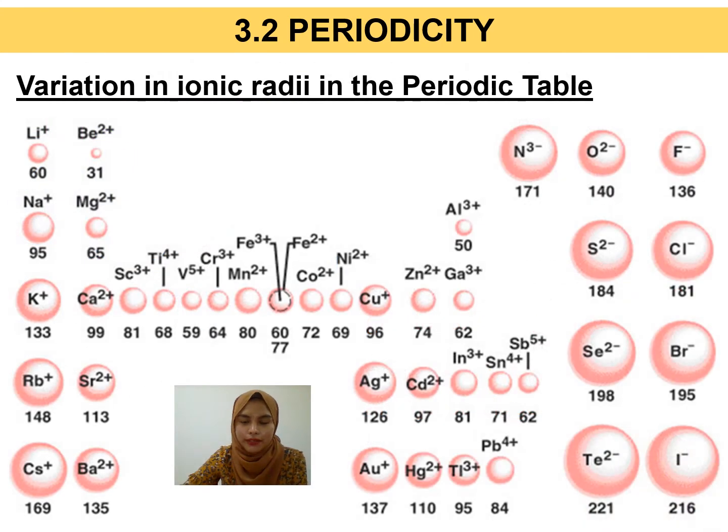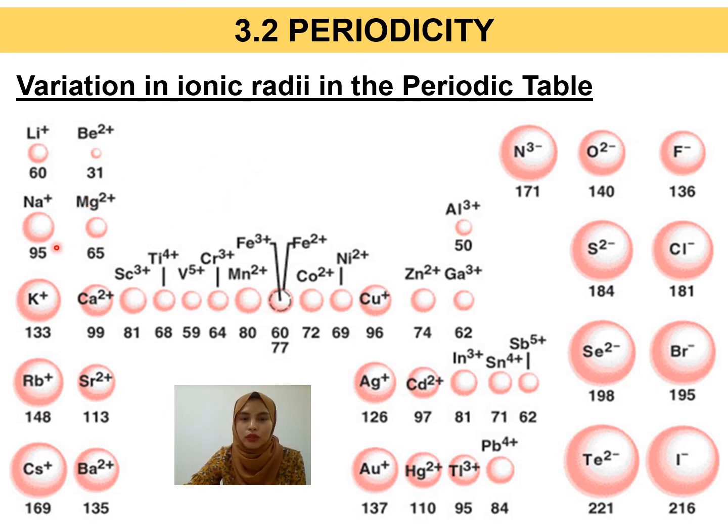Okay, so roughly, let's say you have a diagram showing the variation in ionic radii in the periodic table. Just now we discussed the trend of ionic radii in period 2 and period 3, right? So this is how it looks like. Cation ion will always be smaller than anion. So that's why you start with N3-, O2-, F-, Li+, Be2+, and so on.